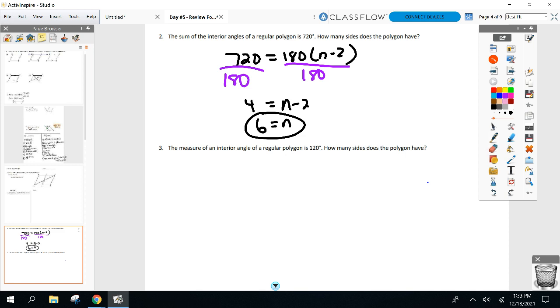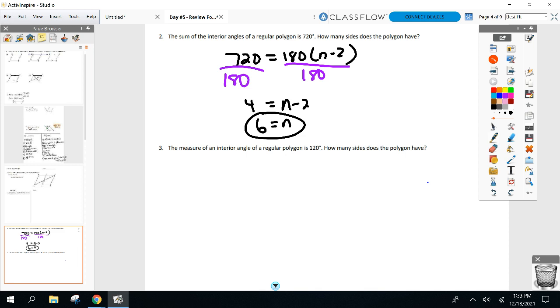You and your group, number 3. One interior angle is 120. How many sides does it have? 120. Not the sum. The measure of the exterior angle, and then I divided 360 by the measure of that exterior angle, and it gave me the amount of sides. And then if you check your work again, the same amount.